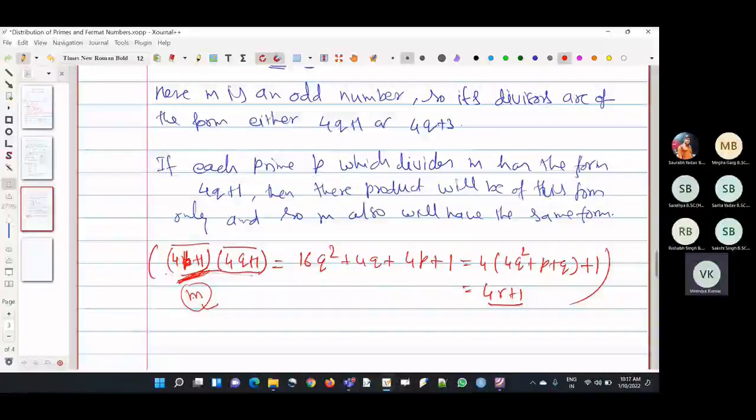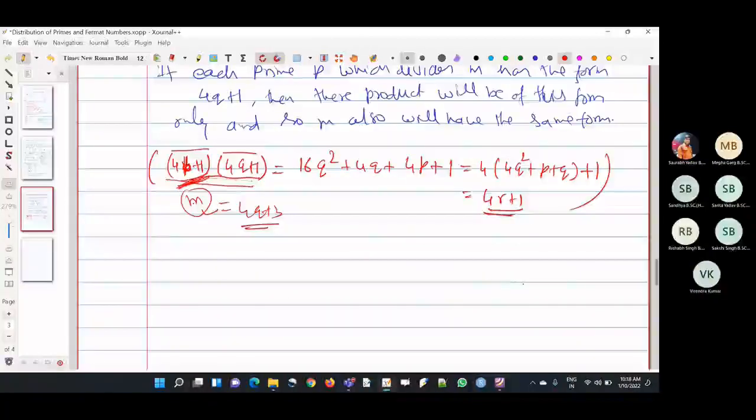But m is of the form 4q plus 3, while when we take their product, we are getting a number of the form 4r plus 1. So therefore, each divisor of m cannot be of the form 4q plus 1. Is it clear to you?